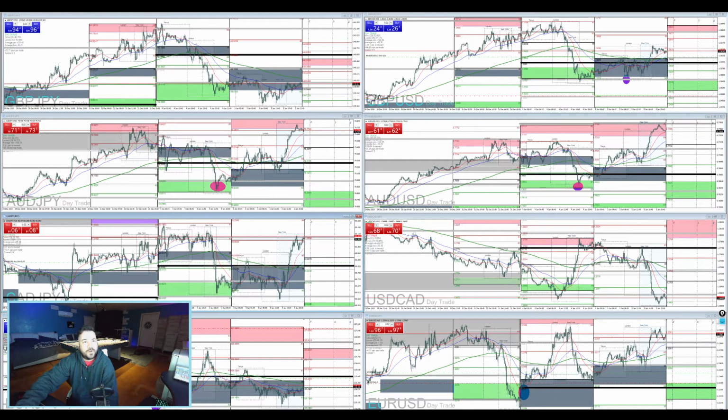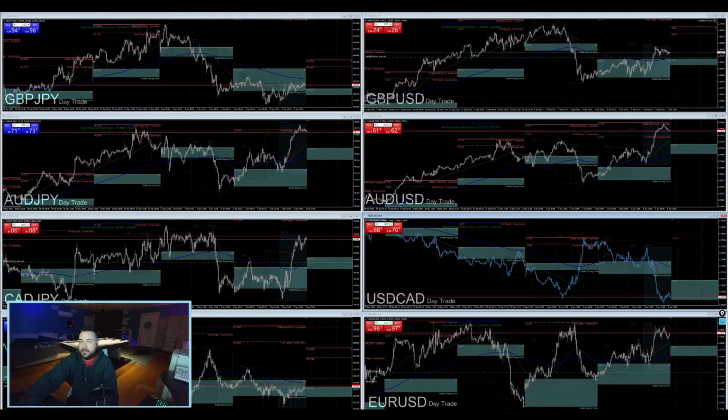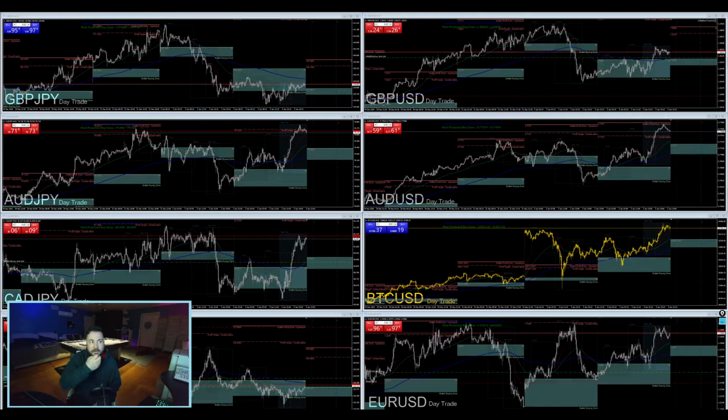And I don't swing trade it either, right? Let me work on that for you. All right, there. How do you feel about that? Should I tone it down as far as the color goes? We'll play with it a little bit.